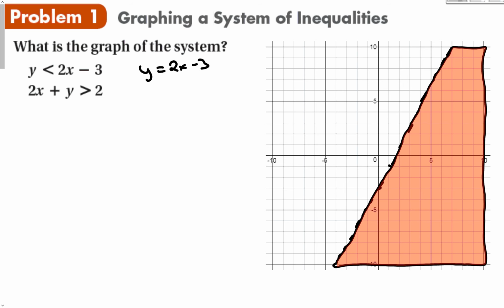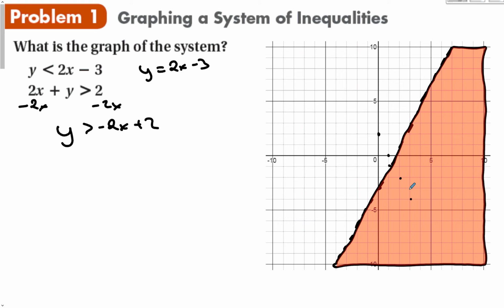Let's graph the other one and then we'll clean up my picture. Before I graph the second inequality, 2x plus y is greater than 2, I do want to clean this up so that y is by itself. Now I can graph this very simply. My intercept is 2. My slope is down 2, right 1.